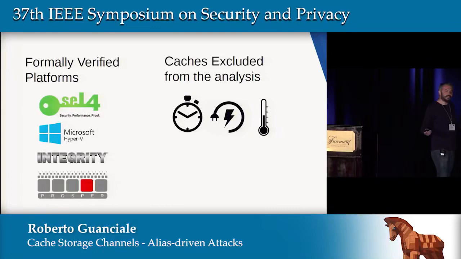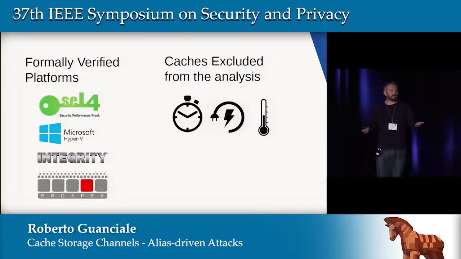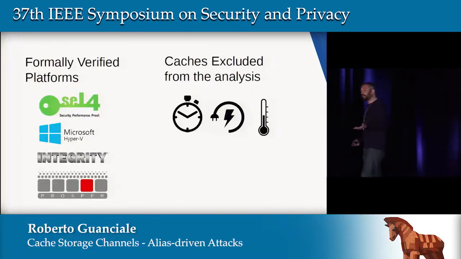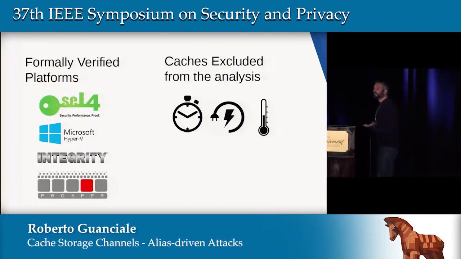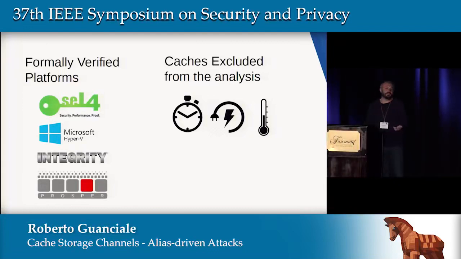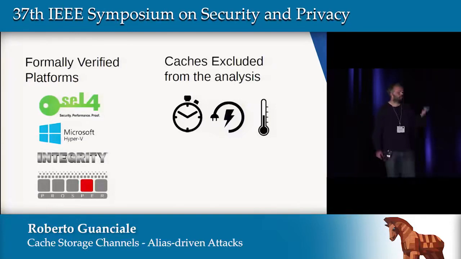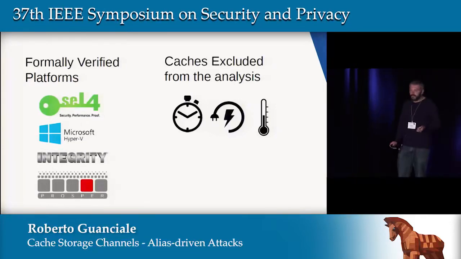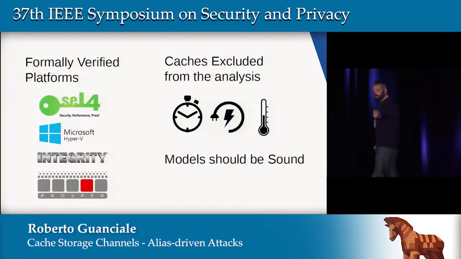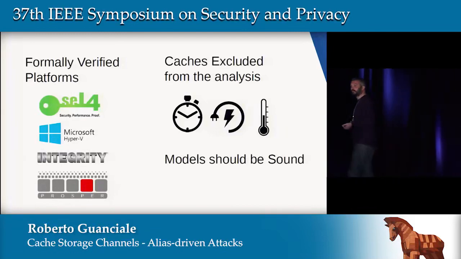In all these cases, since these variables are external to the formal model, the software has to use some model-external means to counter the attack. For example, you introduce some noise whenever the untrusted software tries to access the system time. But at least the models should be sound and respect the variables that they represent.